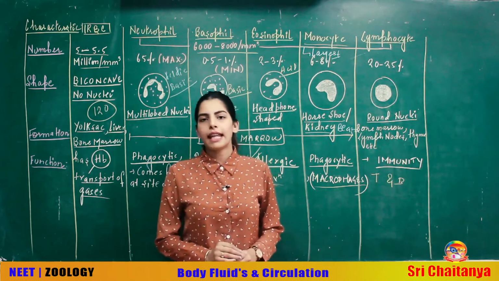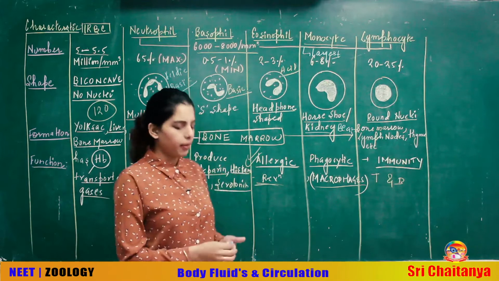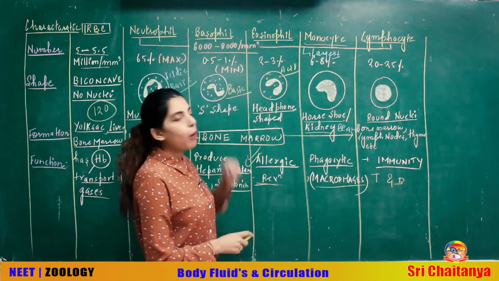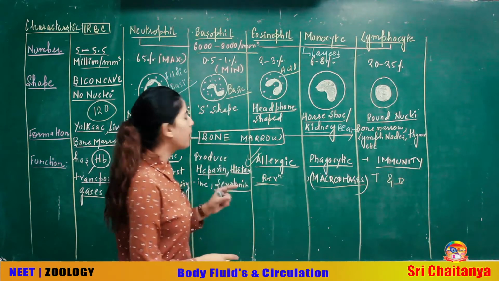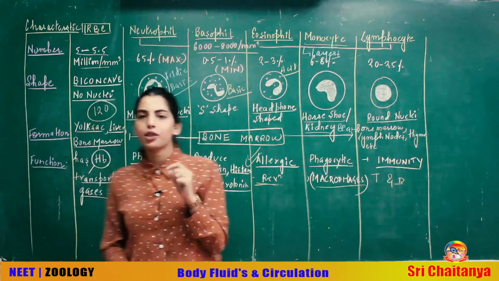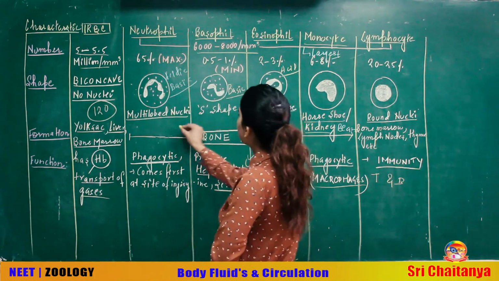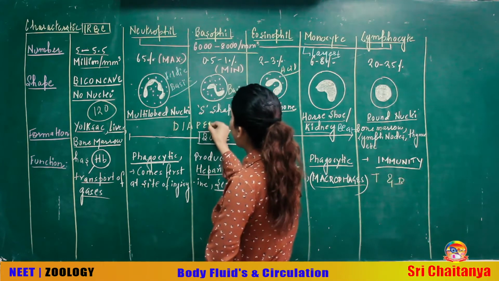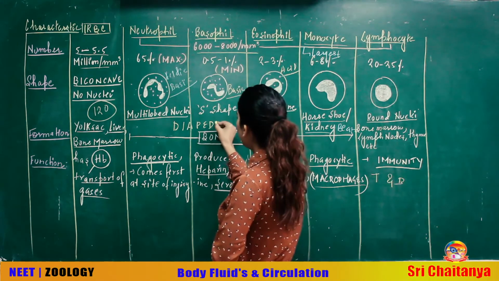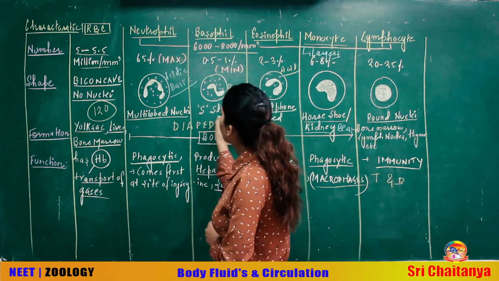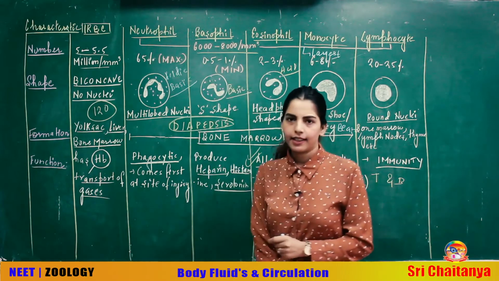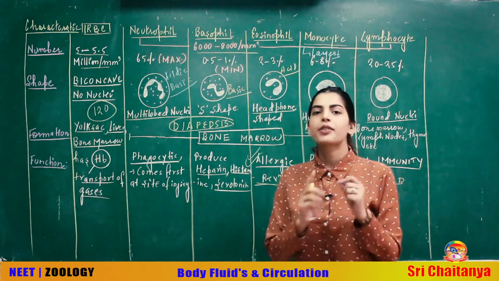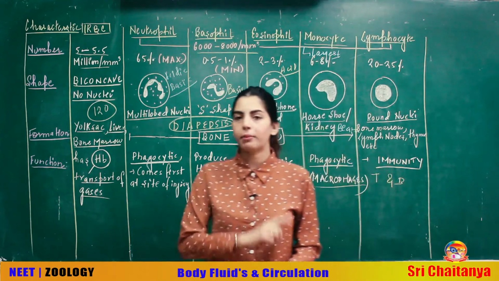Also, I would want to tell you a specific term that we use for the white blood cells, and that term is called diapedesis. What do you mean by this diapedesis? Diapedesis is related with the movement of white blood cells.